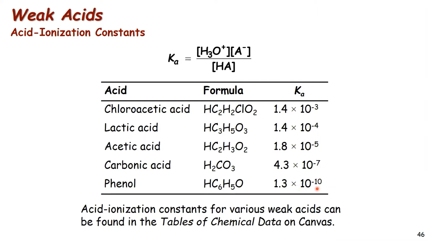Way weaker than water itself as being an acid. Carbonic acid, you can see, is almost the same strength as water. Well, water's 10 to the negative 14, so it's again 7 orders of magnitude stronger than water. This is just a little bit stronger than water itself. Okay, it has to be stronger than water to be considered an acid.